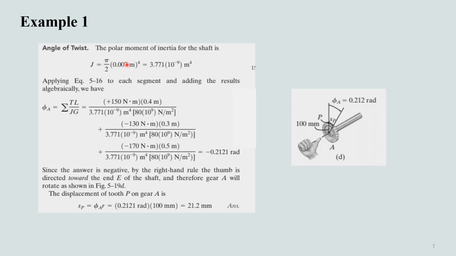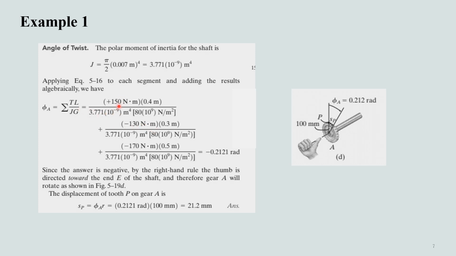So the polar moment of inertia for the shaft is this. We have determined this simply from the diameter given, and then applying that equation for each segment and then adding the results algebraically, we have, algebraically meaning that we have to give due consideration to the sign convention.